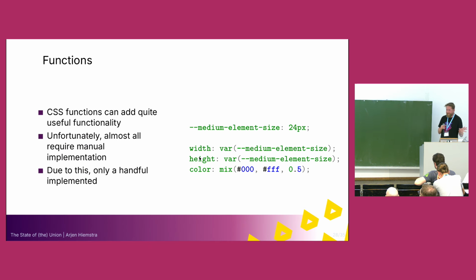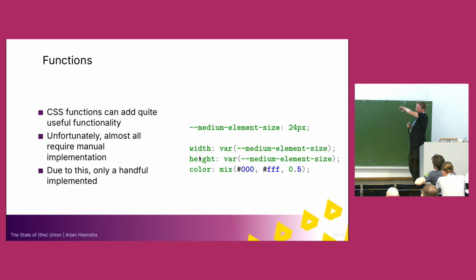So the other important bit in CSS is functions. This is one of the areas where the CSS parser crate really kind of disappointed me. Basically, all of the function stuff in modern CSS, if you use that crate, you need to re-implement manually.